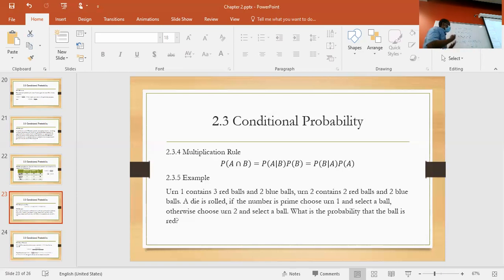I want you to have an idea of what the multiplication rule is about. Second case, if there is replacement. If no replacement, this is what we will have.